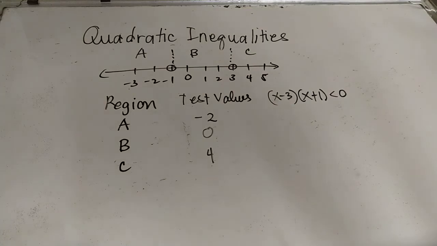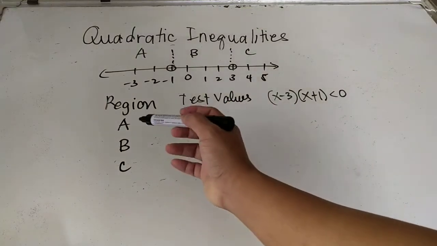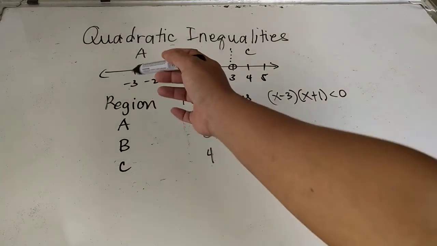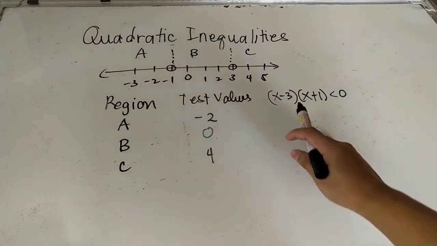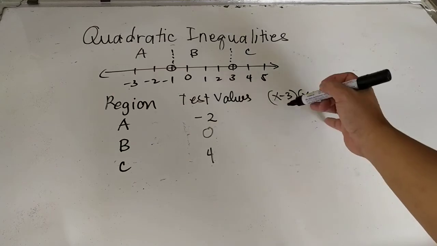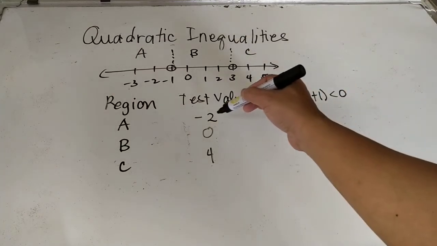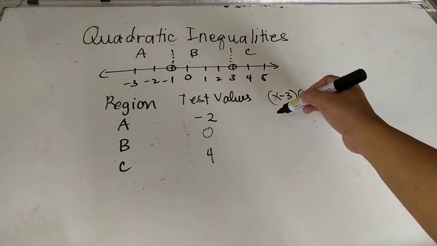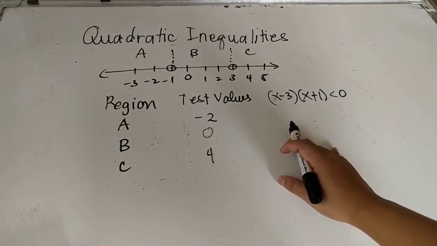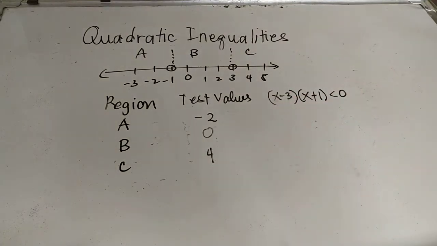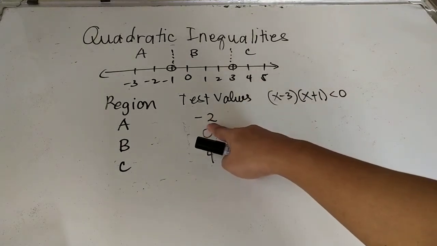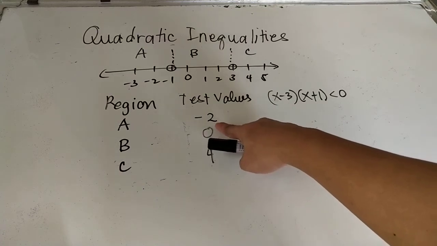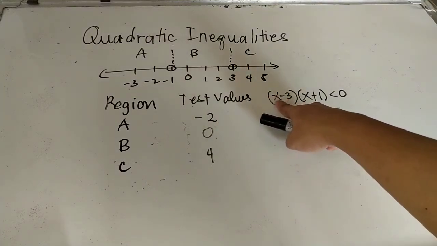Substituting the test value for region A, negative 2, value ng x natin dito is negative 2.